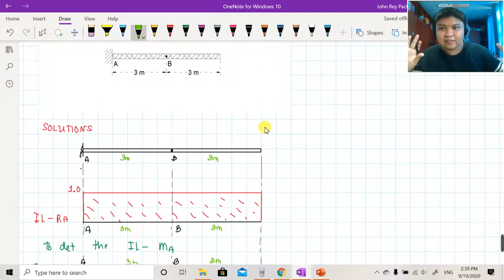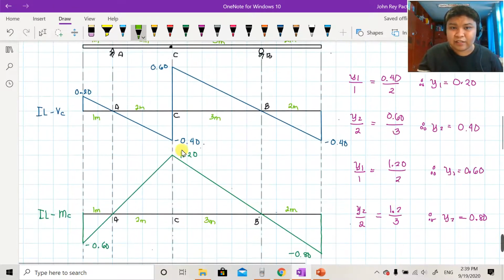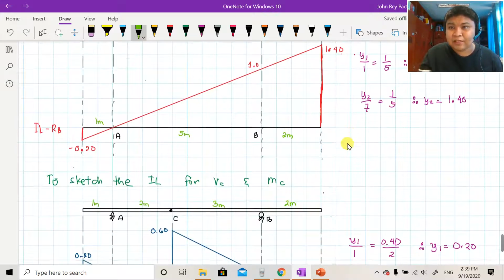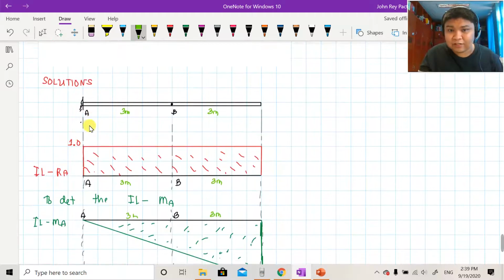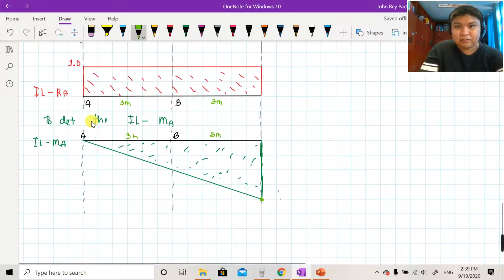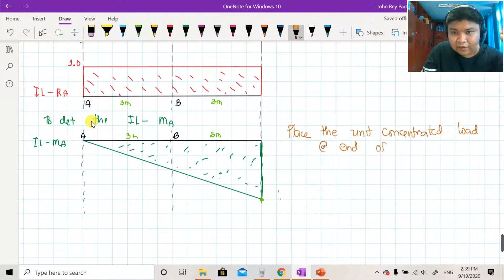The influence line is really just a technique. Your analysis for simply supported beams, like last time, will be different from your analysis for cantilever beams like this one. So now, what I will do is place the unit concentrated load at the end of the span.